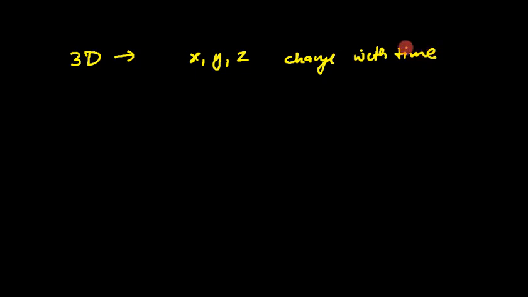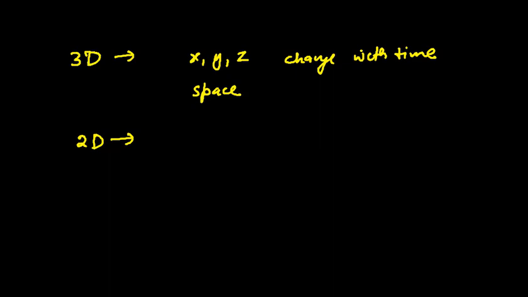All three coordinates are changing. An example is an aeroplane flying or a bird flying in space. The next is two-dimensional motion, which is in a plane.